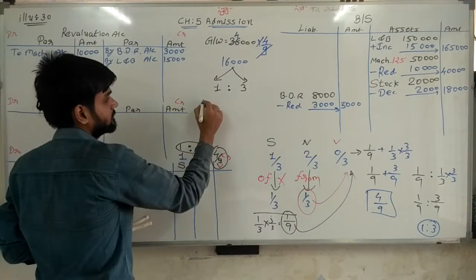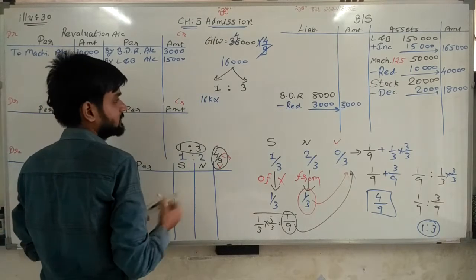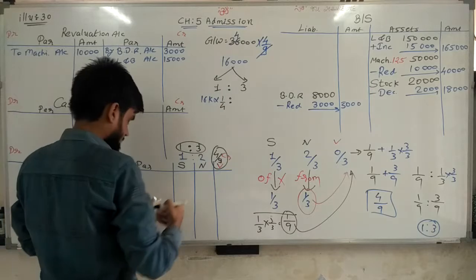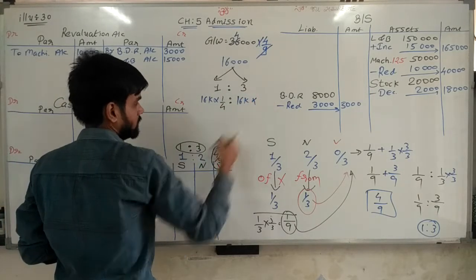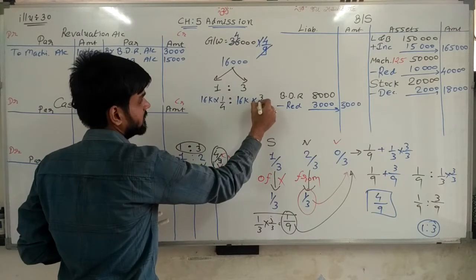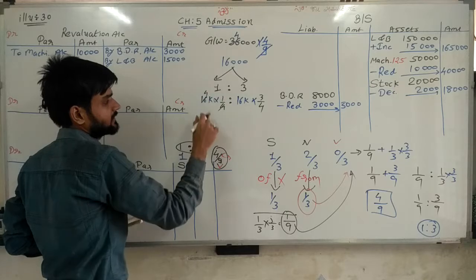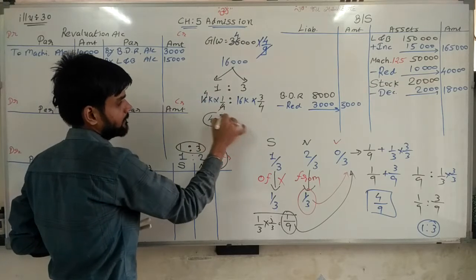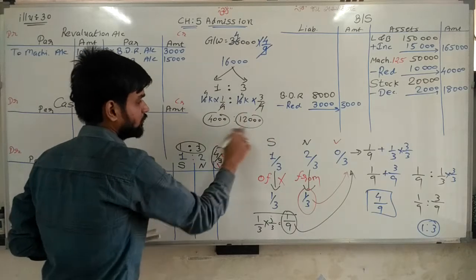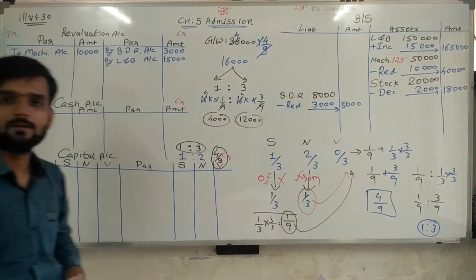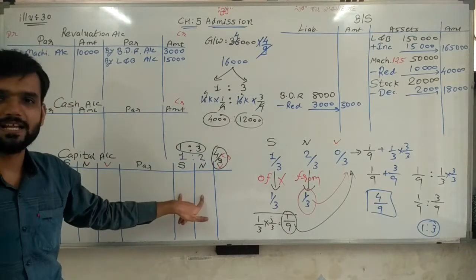So 16,000 into 1 divided by 4. Second one, 16,000 into 3 divided by 4. 4 4s are 16, so 4,000 rupees. 12,000 rupees. So 4,000 and 12,000 is the portion of goodwill given to S and N.